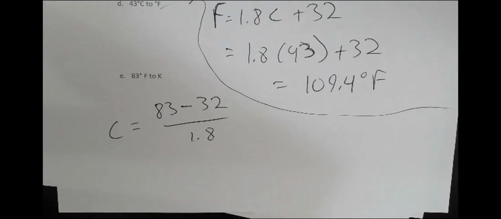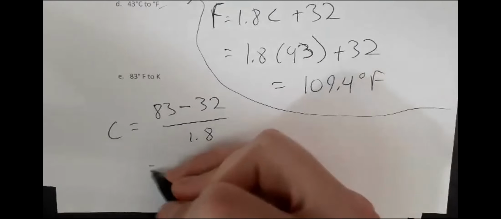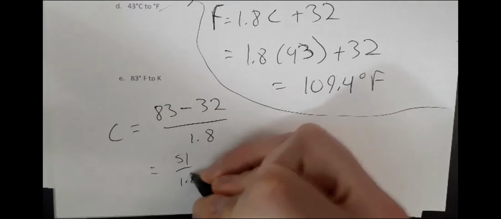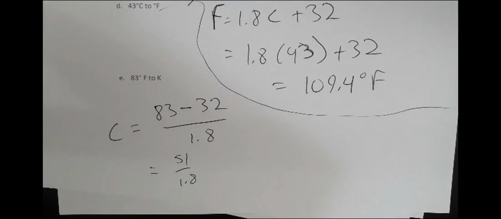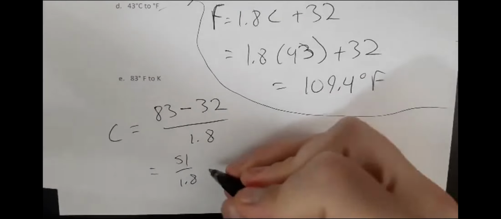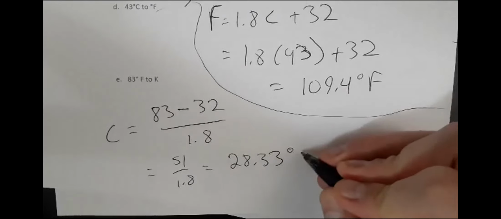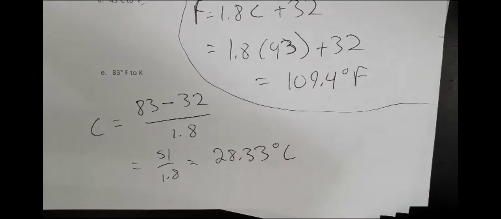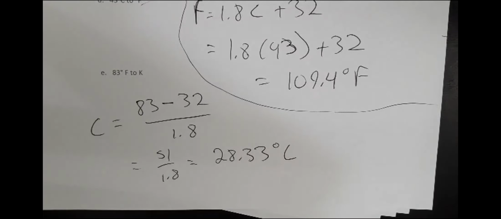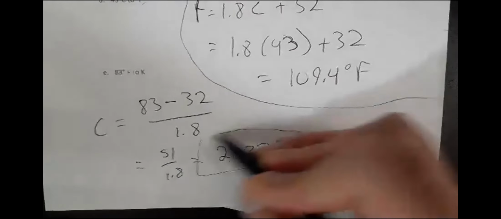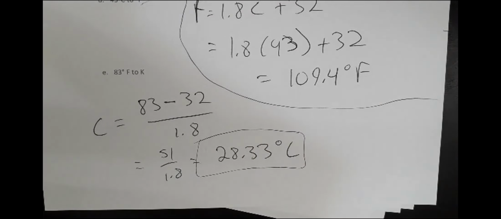So I take 83, subtract 32, and get 51 over 1.8, which gives me 28.3 repeating. This is in degrees Celsius. This isn't what they asked for, but it is a middle step, so I want to highlight it a little bit.